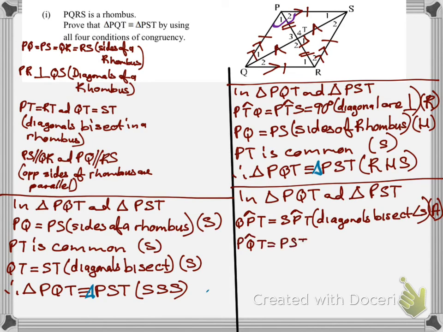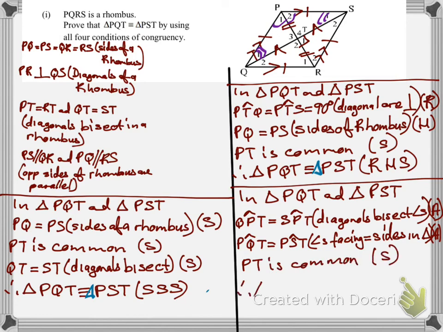You must know that the diagonals bisect the angles in a rhombus. And then PQT is equals to PST, angles facing equal sides. Can you see that? Angles facing equal sides, because now you can see PQS is an isosceles triangle. So I say angles facing equal sides are equal in a triangle. So that is another angle. And then I'm going to say PT is common, that is a side.